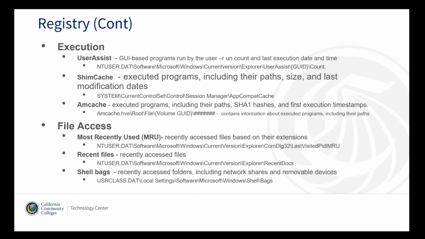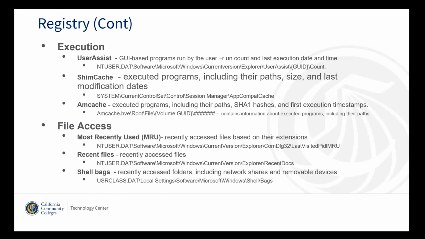Those are GUI-based programs run by the user. ShimCache, executed programs include their path, size, and last modification dates. AmCache, executed programs include their path and all that. So all that's available in the registry right now. So you can quickly get a good picture of what's been running on that system as far as the execution portion goes, and then file access as well.